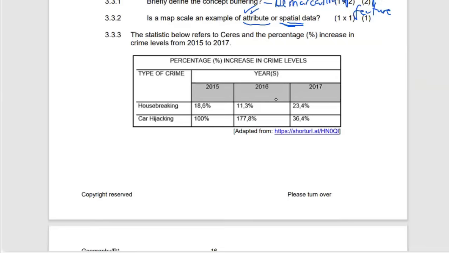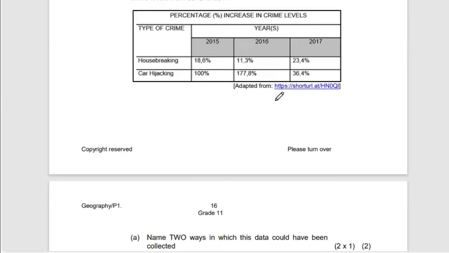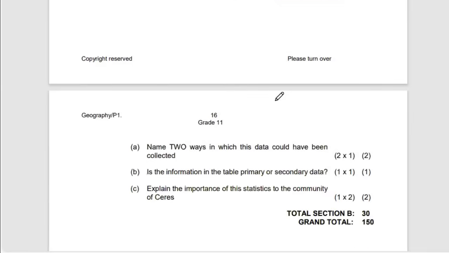Right. The statistics below refer to the percentage increase in the crime levels from 2015 to 2017. We can see those statistics. Name 2 ways in which this data could have been collected. How would we have collected data about crime? We can use information from police stations.